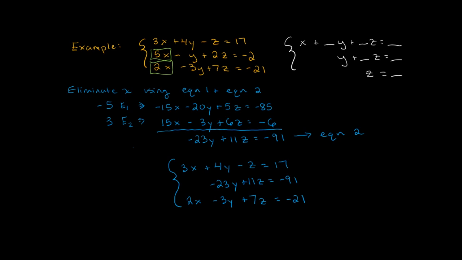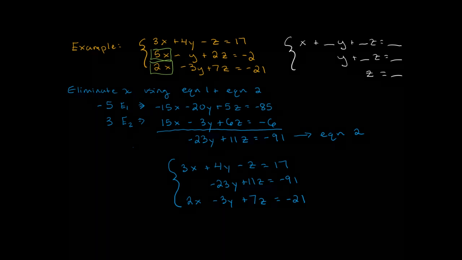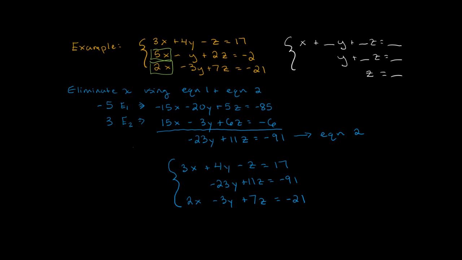So I've eliminated x in the first equation. Now I need to eliminate x. I eliminated x in the second equation. Now I need to do it in the third equation, and I'm going to do that using equation 1 and equation 3. So we're going to eliminate x using equation 1 and equation 3.